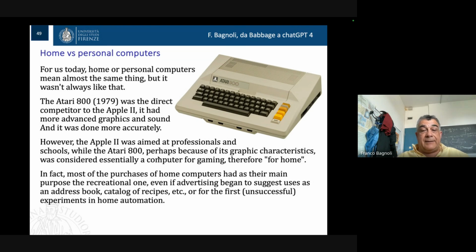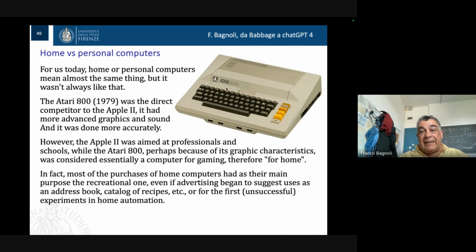You see that, for instance, the Apple II was adopted by a lot of schools, which means that a lot of people exited school having in mind that the computer was the Apple II. This was a strategic choice.